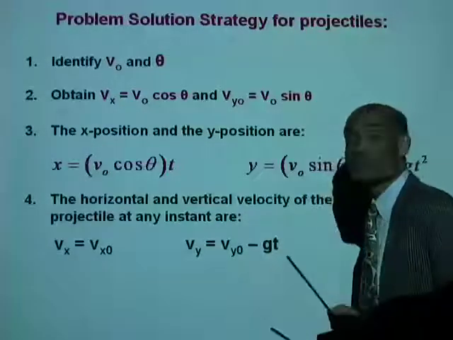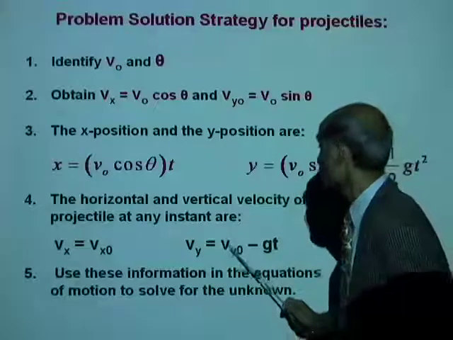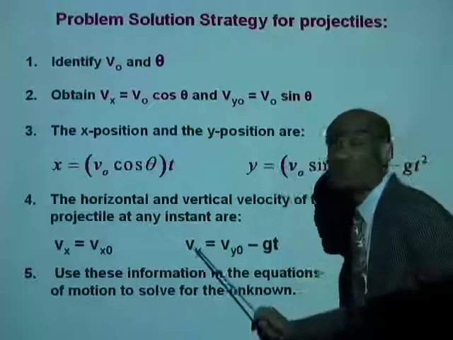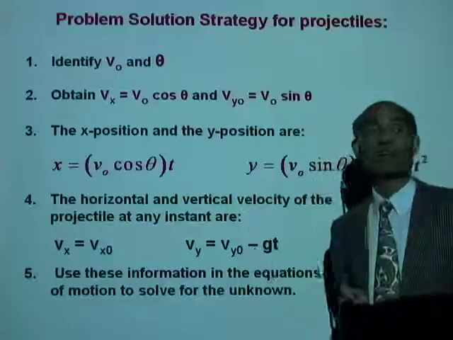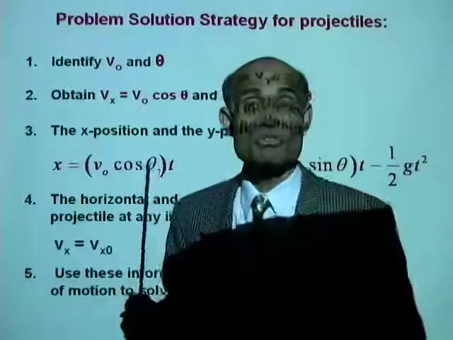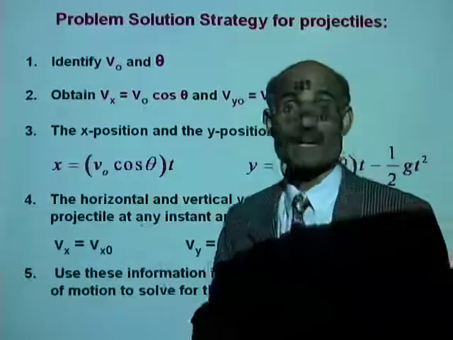Vy equal to Vy0 minus gt, which is Vy0 is V0 sin theta. So Vy equal to V0 sin theta minus gt. Once you have these relations, you can actually solve any problems in projectile.